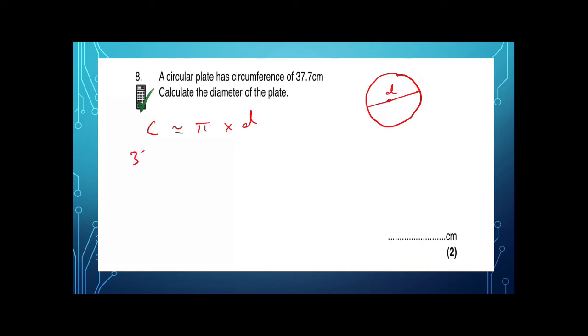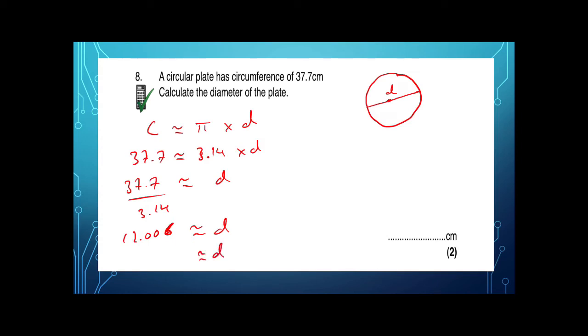This time we know that the circumference is 37.7, pi is 3.14, and we've got to find the diameter. So the diameter is 37.7 divided by 3.14, and that gives us 12.006 actually. And if we were to round that to 2 decimal places, that would be 12.01 centimeters.